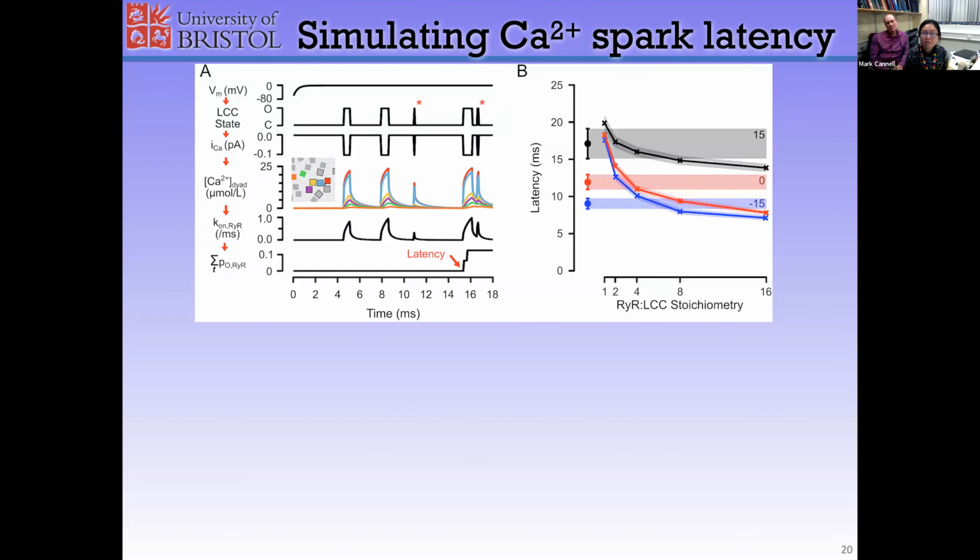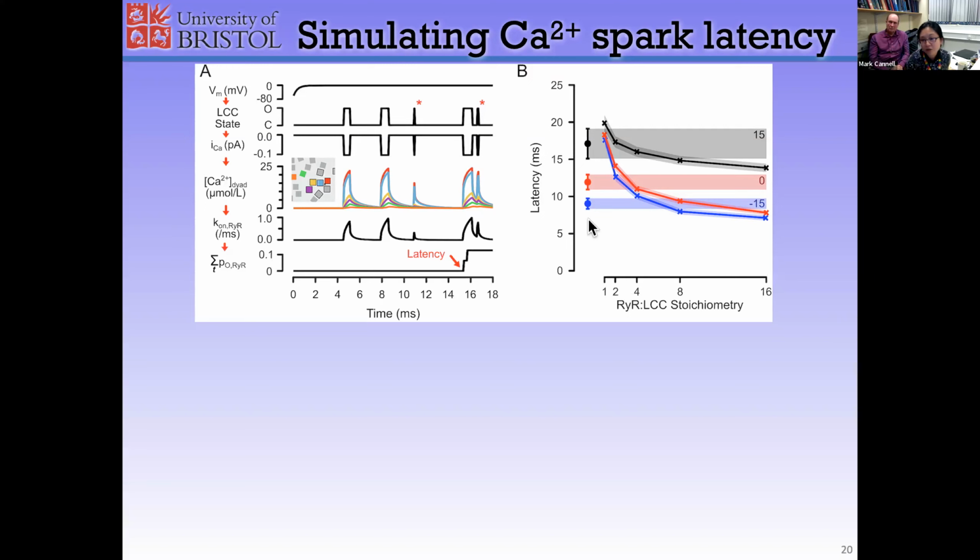So we use this model to now look at the calcium spark latency data that we obtained using the RP protocol. So this graph shows the experimental data on the left at 3 different potentials. And we chose these potentials because they encapsulate the potentials at which most calcium release occurs during the action potential.